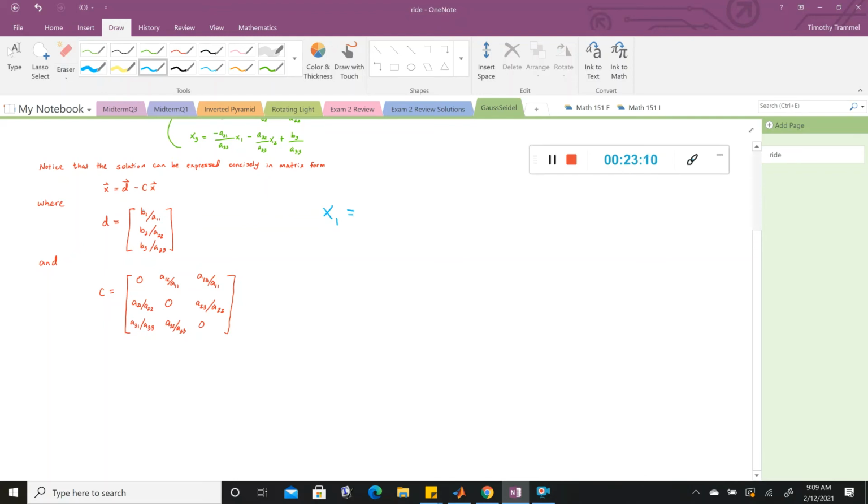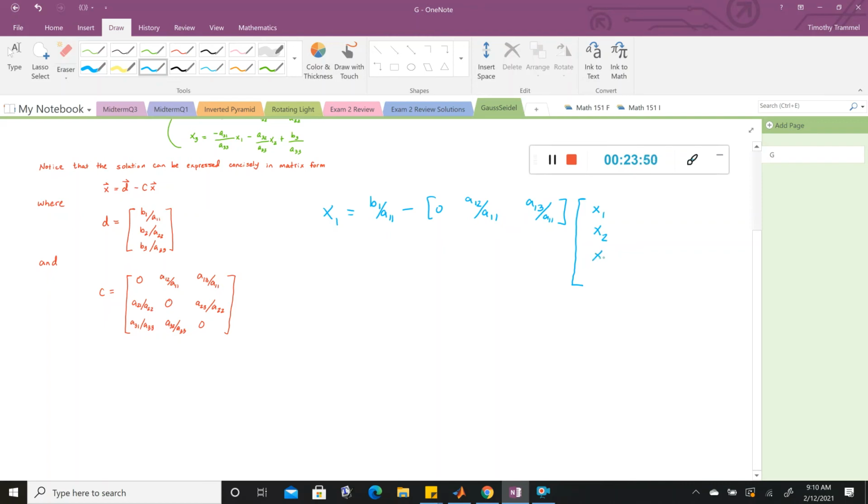Well, we could take the first value of D, subtract, and we'll actually take the first row of C, and we'll dot this with X. Remember, we turned X into a column vector.